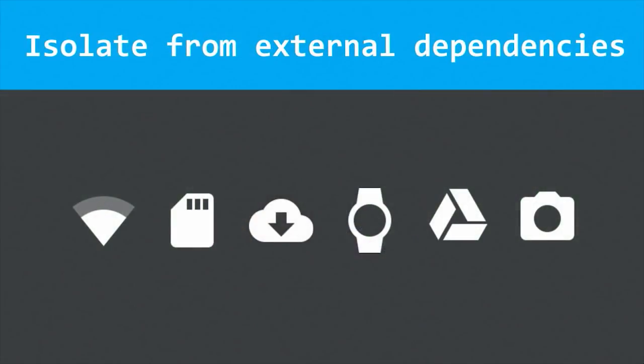So in this codelab, in this project, we had an objective to reduce flakiness as much as possible. So the first thing we did was to isolate from external dependencies. External dependencies are one of the most important sources of flakiness, especially the network, for example.